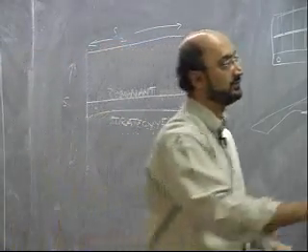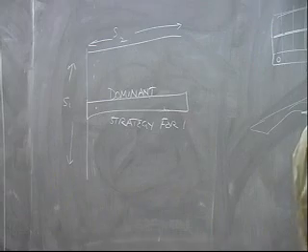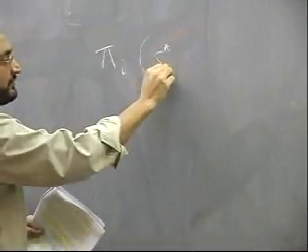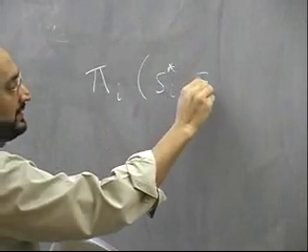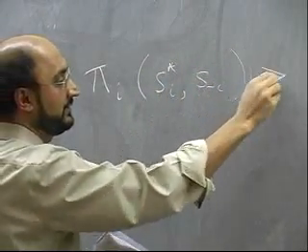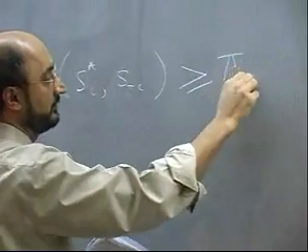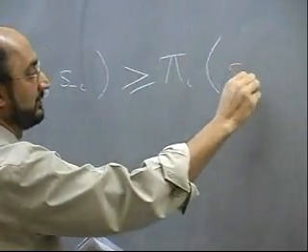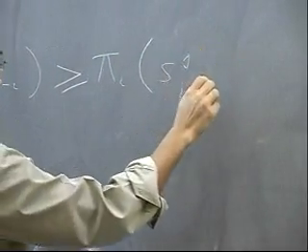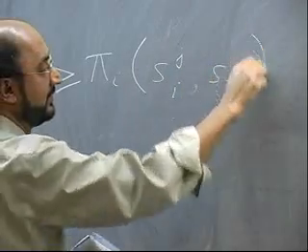Okay, and we can simply say that the payoff to the ith player from playing the dominant strategy for the ith player, given any s minus i, is greater than or equal to the payoff to i from playing some other strategy j, given s minus i.